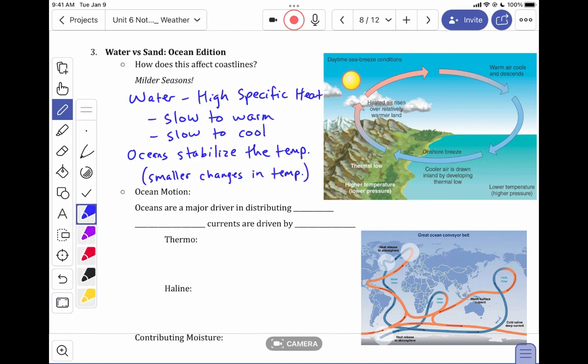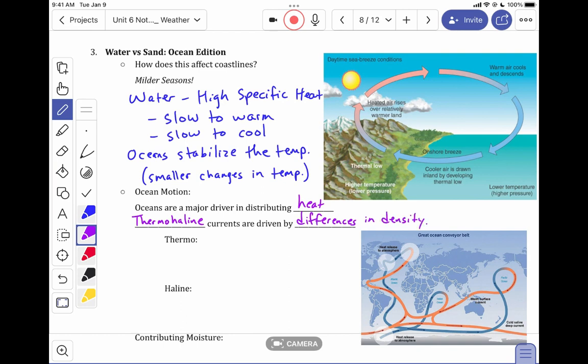Okay, on to ocean motion, and I'll switch to purple. Oceans are a major driver in distributing heat. And this thermohaline, so thermal, see if you can fit it on there. Currents are driven by differences in density.